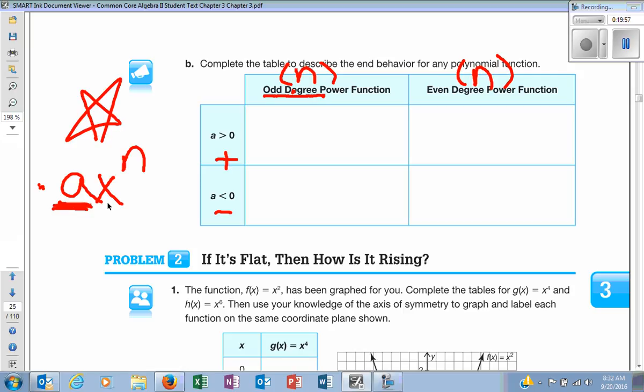So the book writes it like this. The book says if x goes to infinity, that really means just x is what? As it's going towards the positive side, as I'm going to the right. As I'm going to the right, what is my y going to be doing?